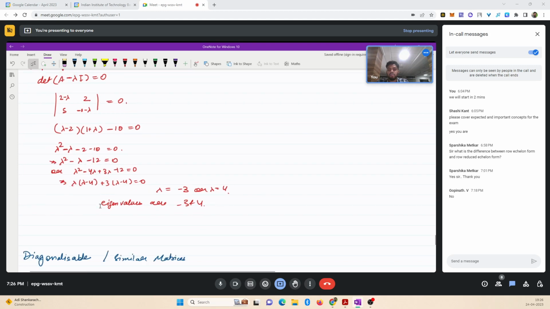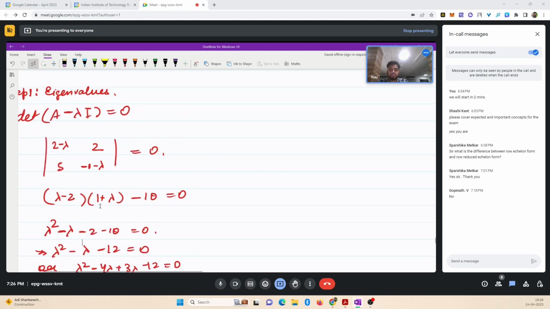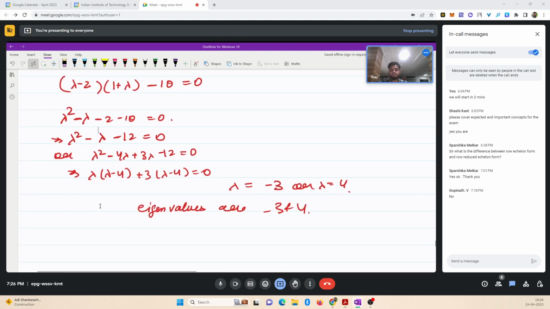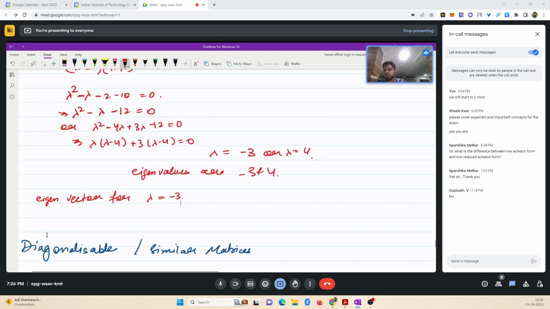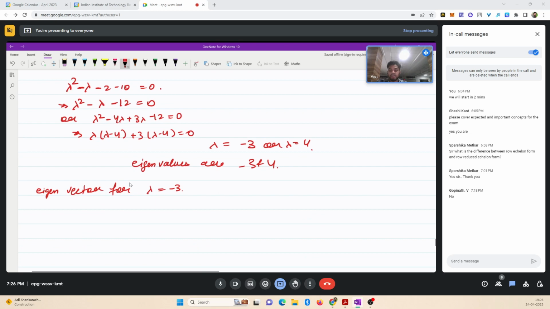Okay. Now let's try to find eigenvector. So eigenvector for lambda is equal to minus 3. What does this satisfy? This satisfies that A plus 3I into V must be equal to 0.